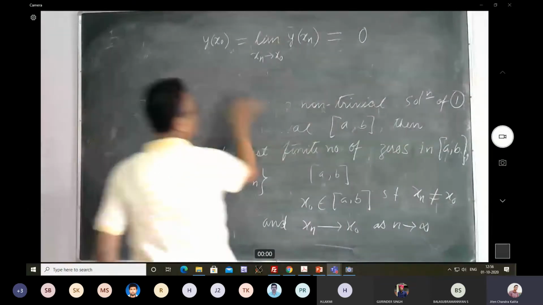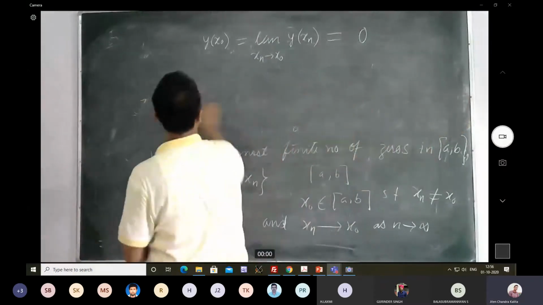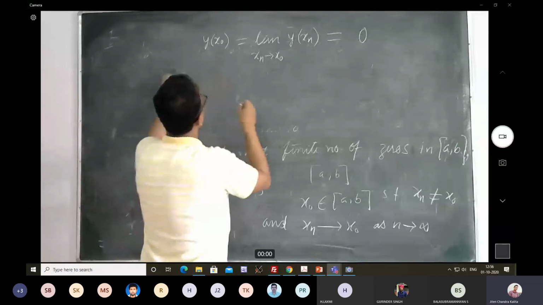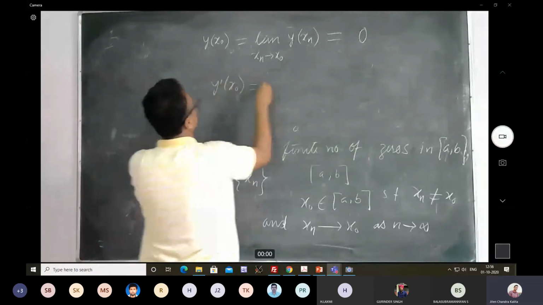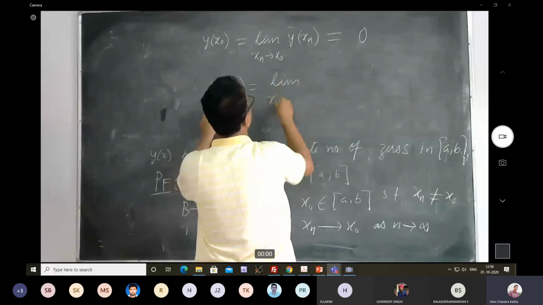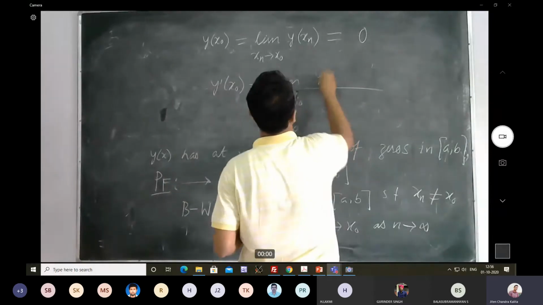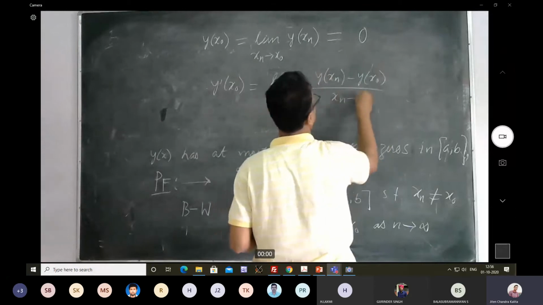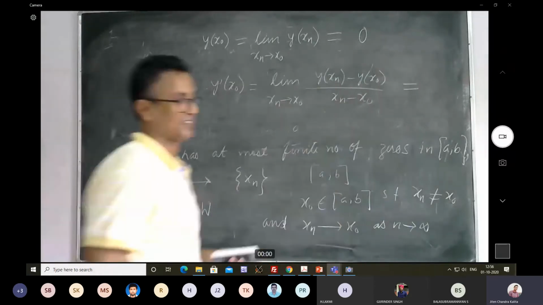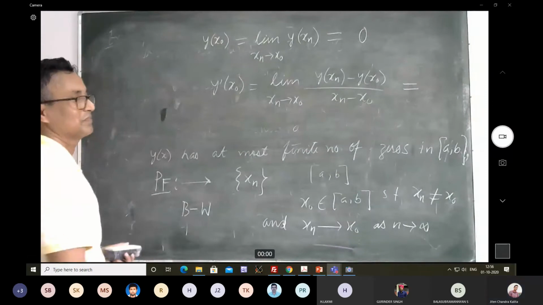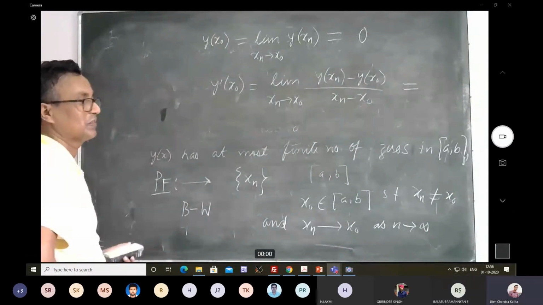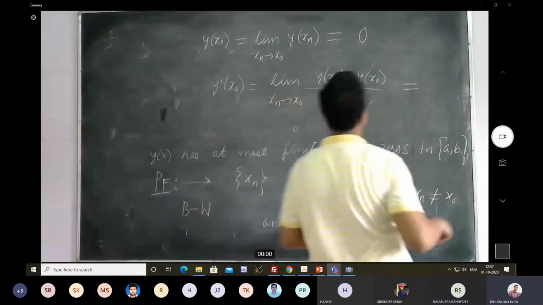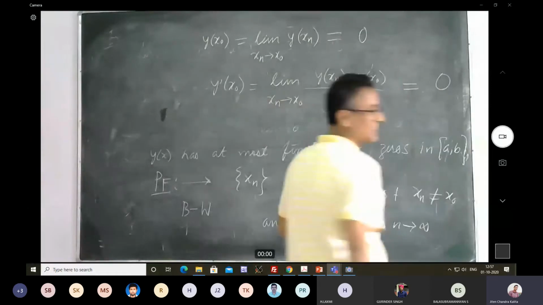And then again, if I want to compute y prime of x naught, this is simply the limit as x_n tends to x naught of the difference quotient, and this is equal to 0, because I have already found out that y(x naught) is 0.